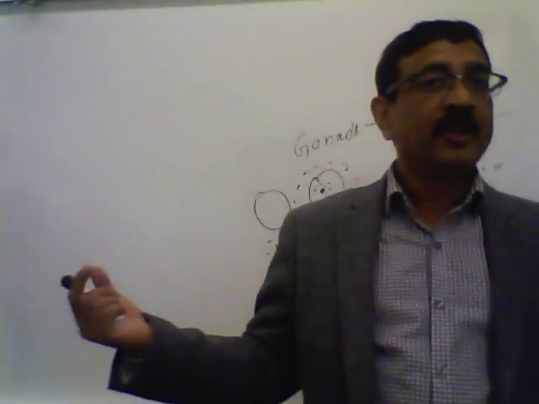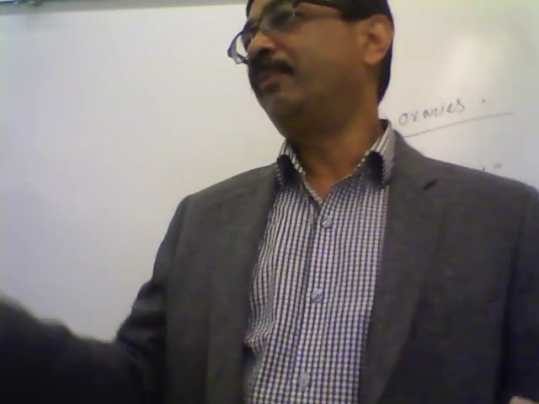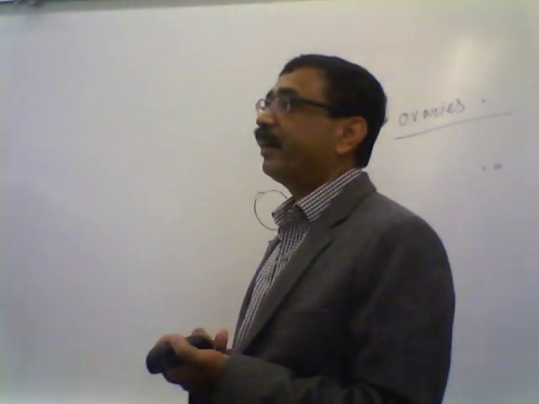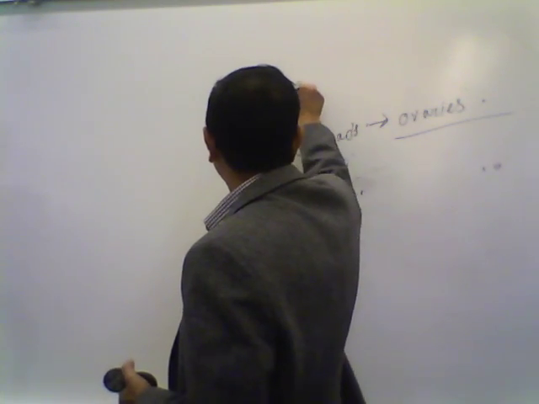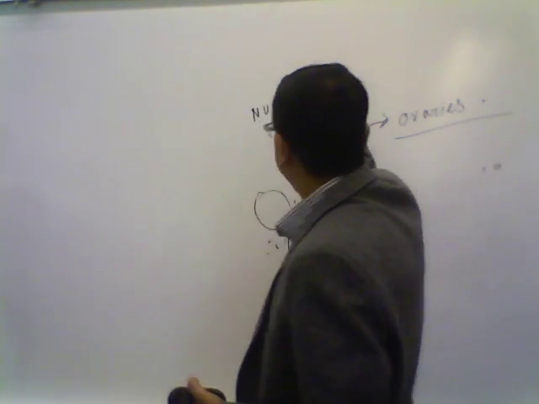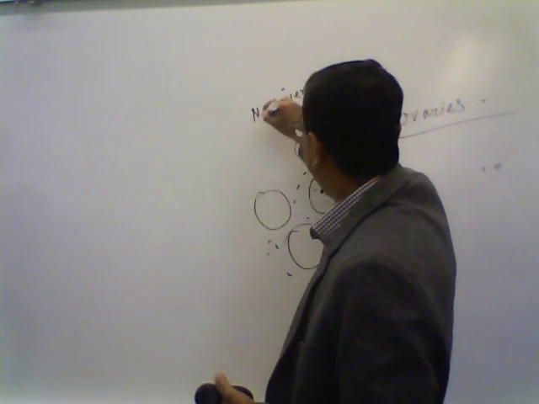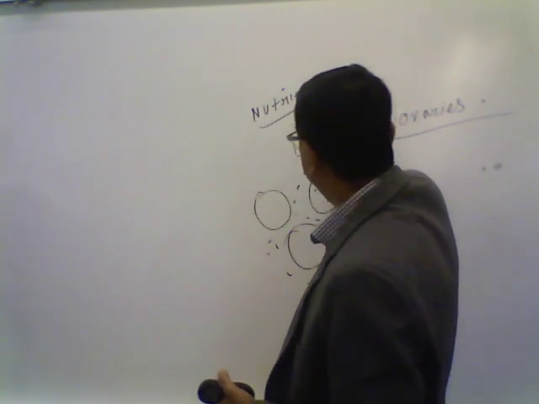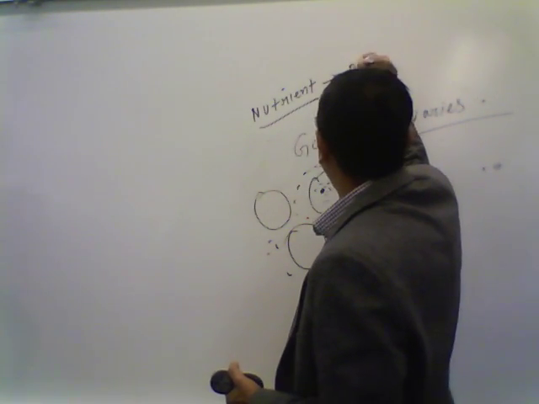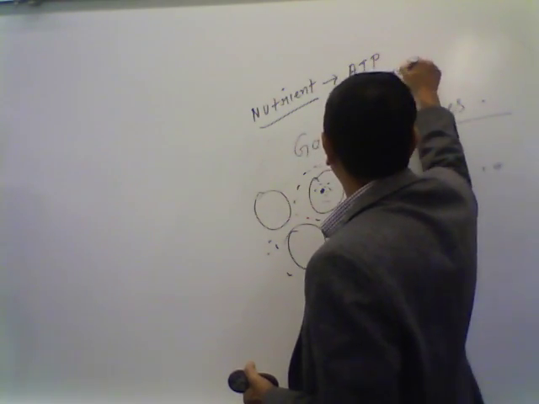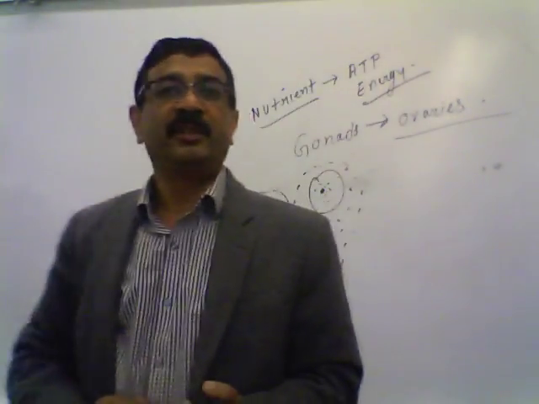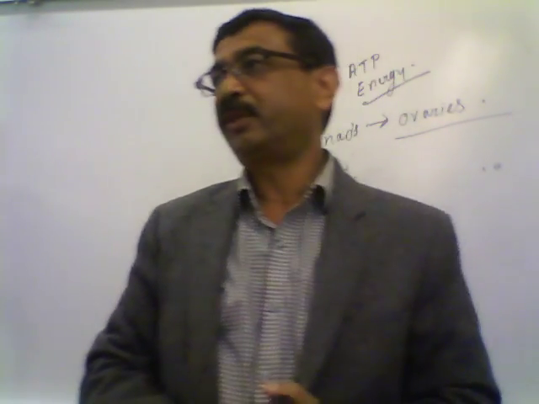Metabolism. Why is metabolism essential? I have mentioned already, to produce energy. Metabolism converts the nutrients, as I mentioned before, to ATP, energy. Without energy, your body functions will not occur.